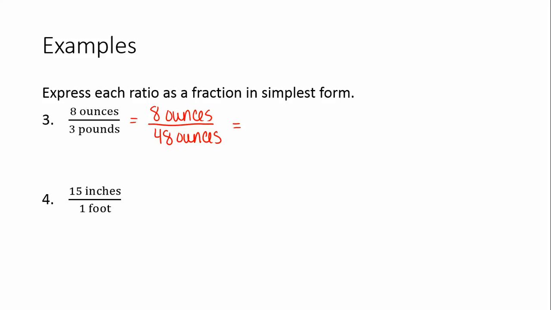And now what we need to do is simplify this fraction. 48 is divisible by 8, so we get 1 ounce over 6 ounces. And I shouldn't have pluralized that one on top. So 1 ounce for every 6 ounces if the ratio is 8 ounces to 3 pounds.